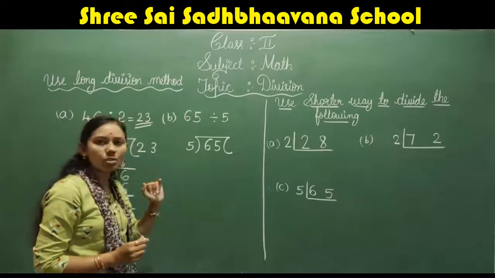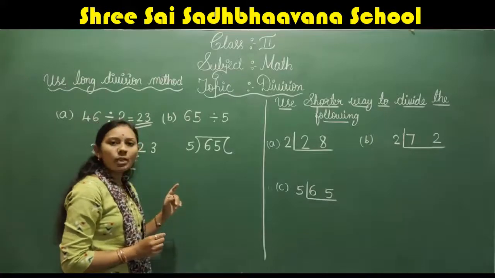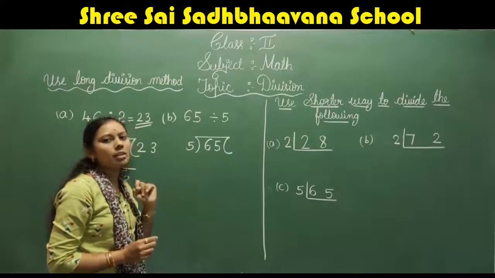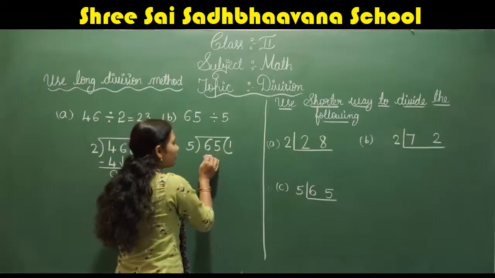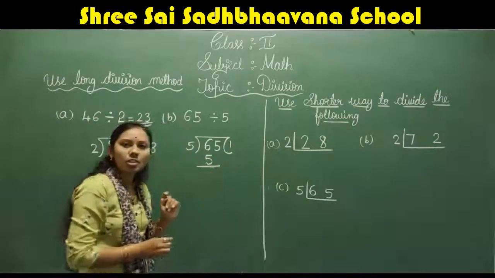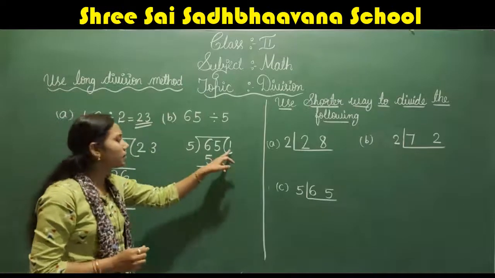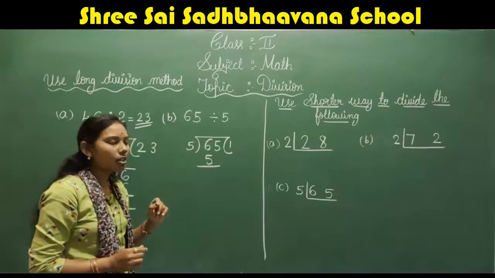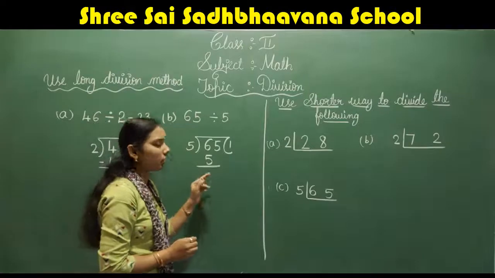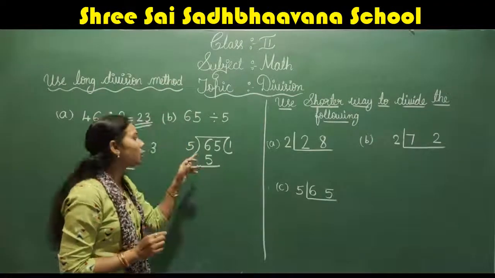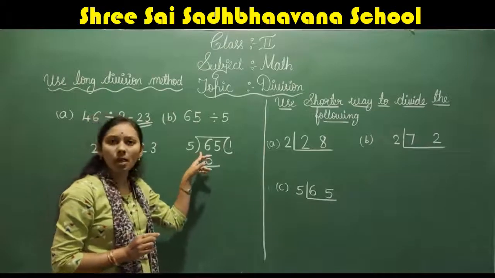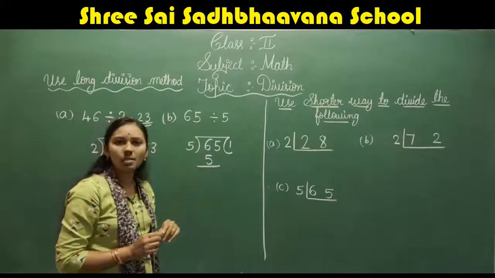So how many times does it go? Only one time. So 5 ones are 5. So from the 6, when 5 goes in one time, what you have to do is mentally minus 5 from 6.